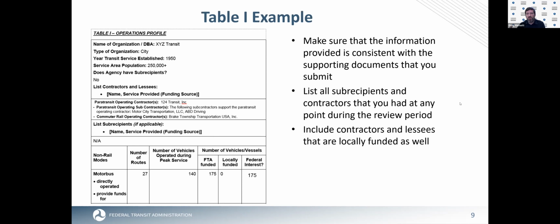We also ask that you list any sub-recipients and contractors that you've had at any point during our review period. And I should say now, this is a very special review coming up in FY22. We know it's called the Triennial Review, but for you, we could almost call it the Quadrennial Review, if that's a word. You're not going to see that word. It'll be referred to as a triennial.